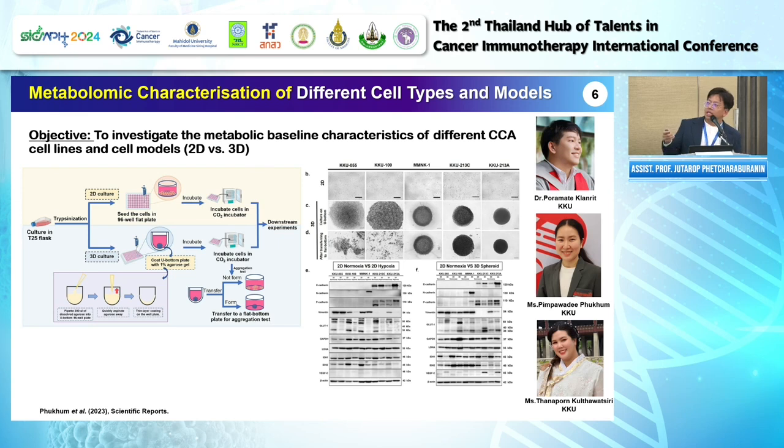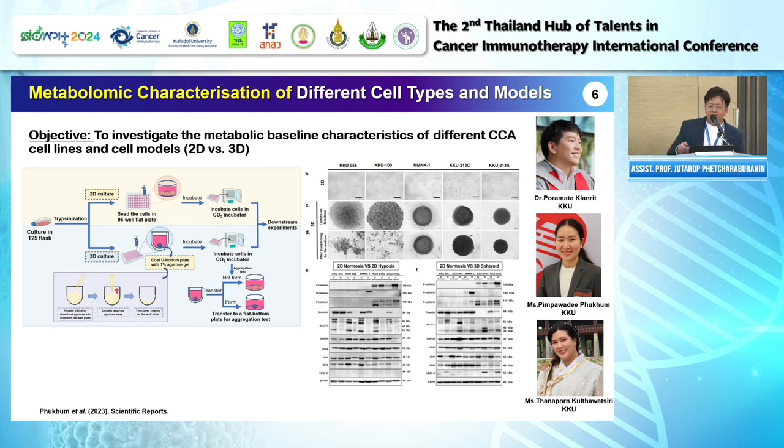We constructed a pipeline to set up our 2D and 3D cell platforms for testing chemotherapeutic drugs. For the 3D spheroid, we first investigated the cell culture plate, either U-bottom or flat bottom, to hold the spheroid structure of the cells.